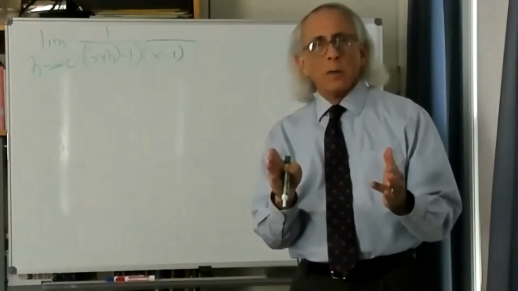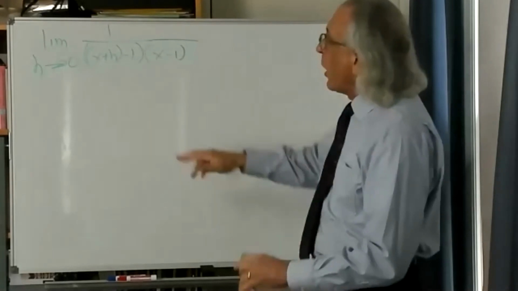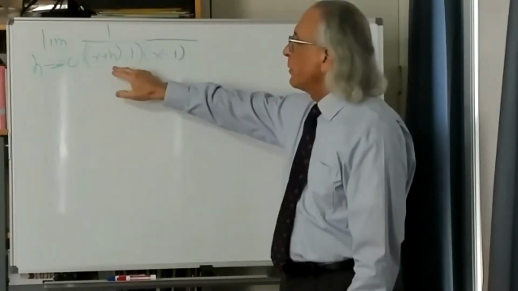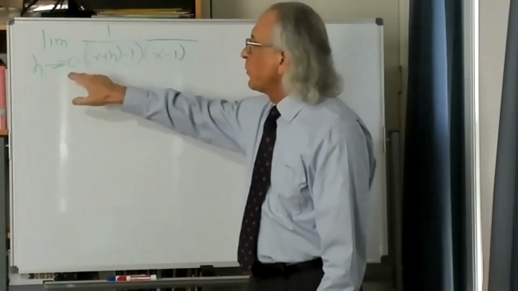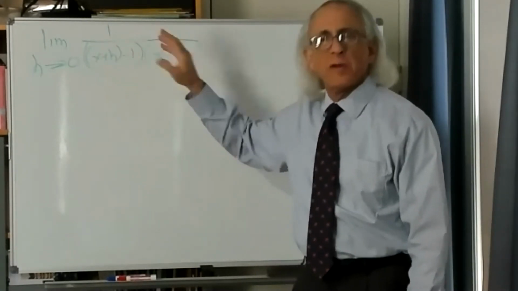And now I can do substitution. Even though I have an h in the denominator here, and I'm looking to substitute in 0, that's not the only thing in the denominator anymore. There's other stuff in the denominator.